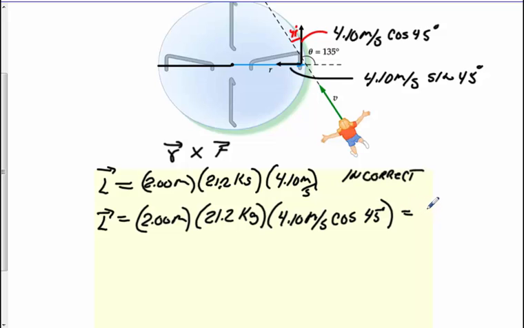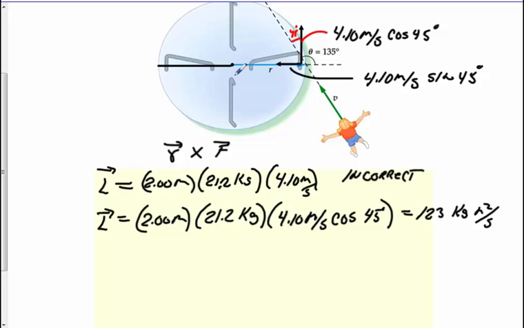When I do that, I believe I get approximately 123, I'm rounding a little bit, 123 kilograms meters squared per second.